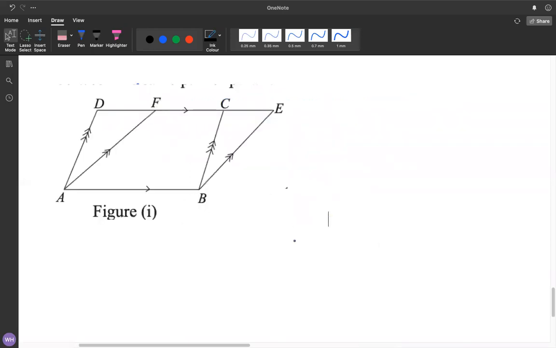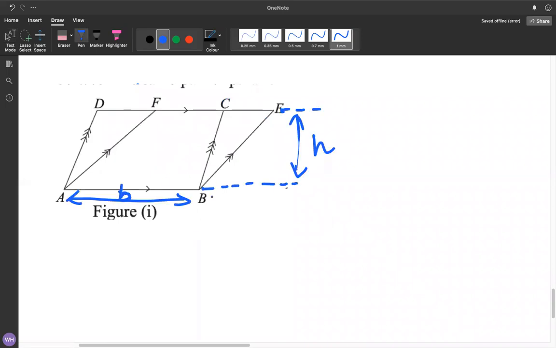Okay, now let's consider the perpendicular height in between the two parallel lines AB and DE to be h. All right, and the length from A to B as simply b. So we can use an equation to find the area of ABCD, right?